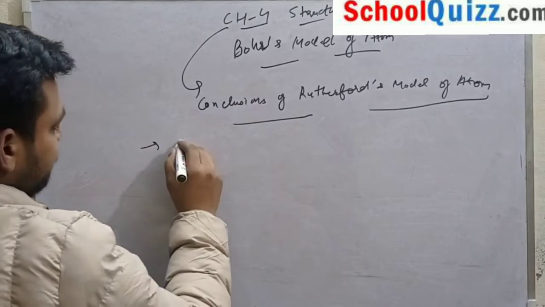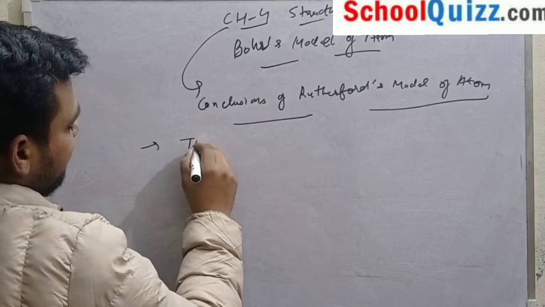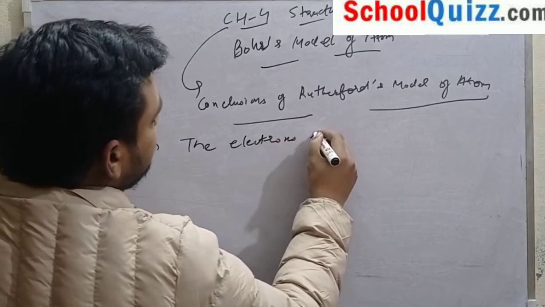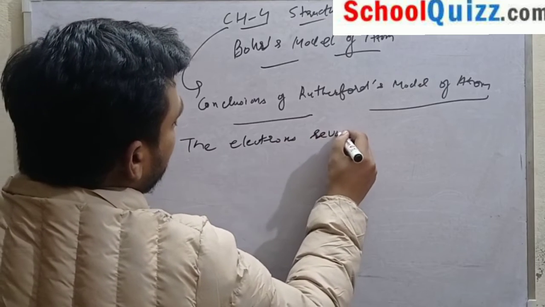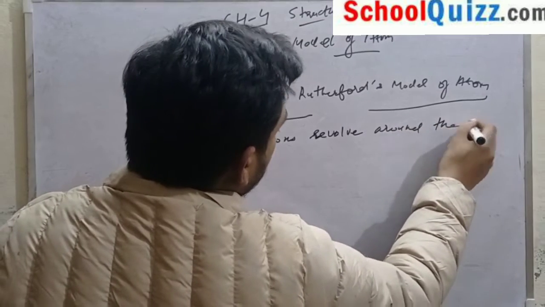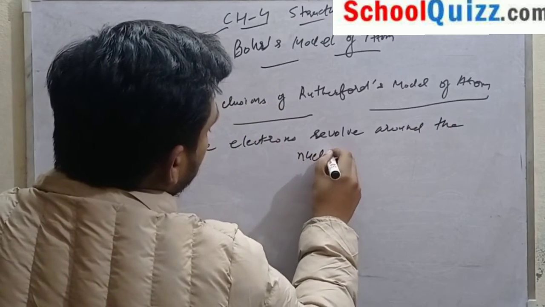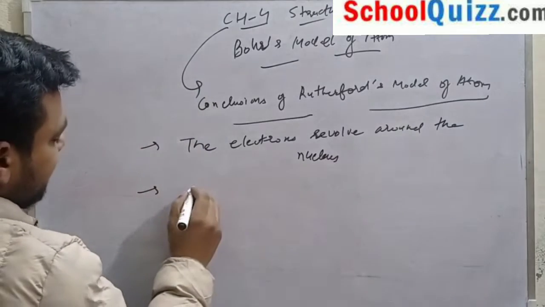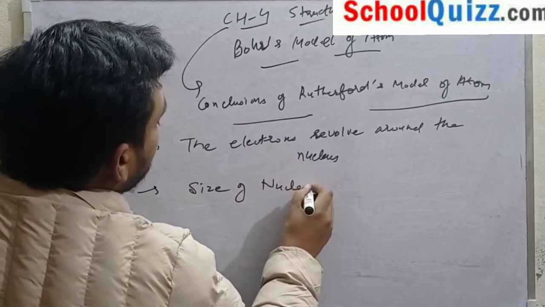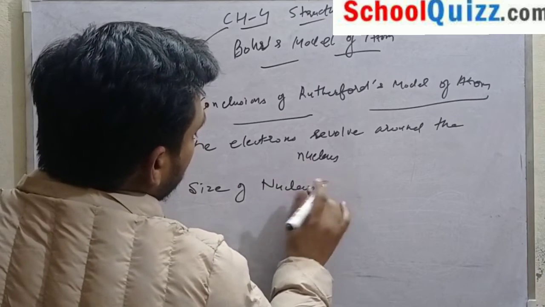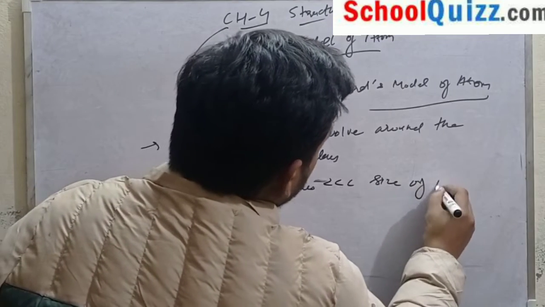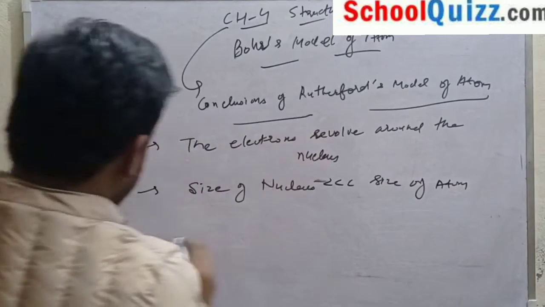First one is, it says the electrons revolve around the nucleus. And second one is, the size of the nucleus is very small as compared to the size of an atom.